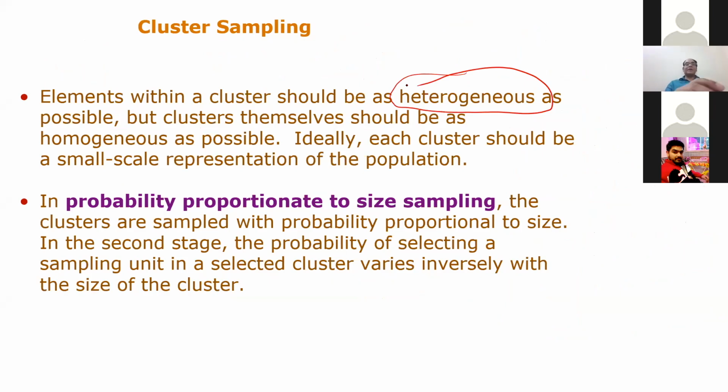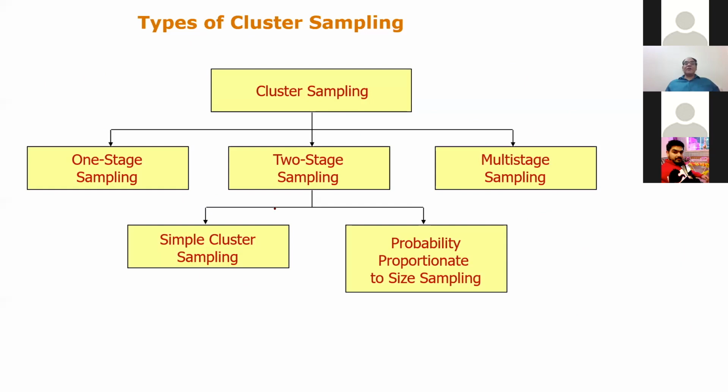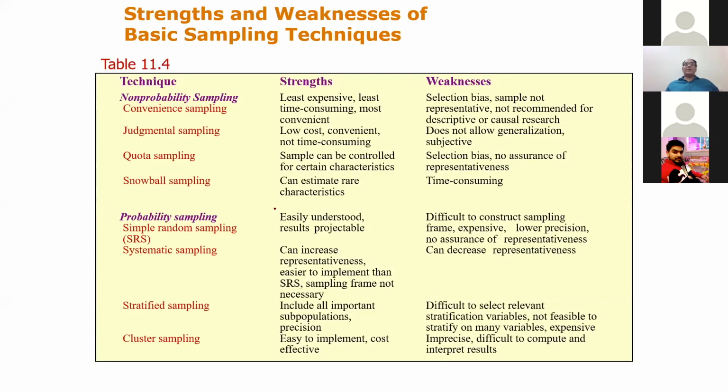And again, cluster sampling can be proportionate or disproportionate. So these are the different kinds of sampling, and these are the pros and cons, strengths and weaknesses of probability and non-probability sampling.